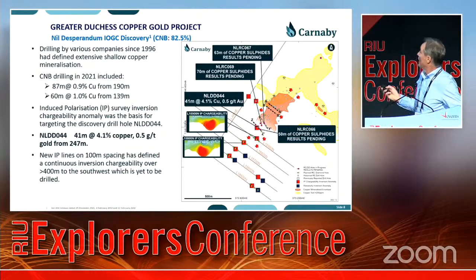And you can see the northwest trend here is what was originally focused on for most of the work, the historic workings with that orientation. And the IP work, the geophysical work that was done, was all orthogonal to that trend.